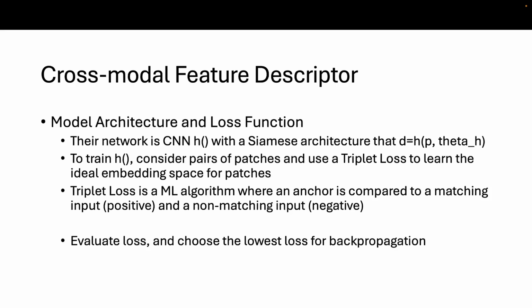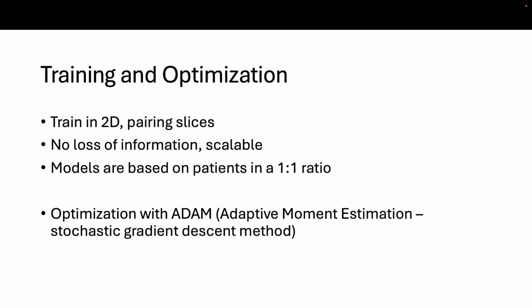They use triplet loss, which is basically an anchor, a positive and a negative, so matching and non-matching, stuff like that. These are all out there, so you can do more research if you want to. Just search up the keyword.